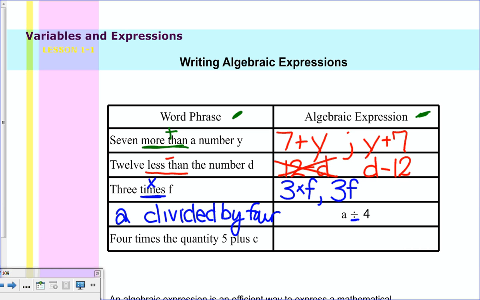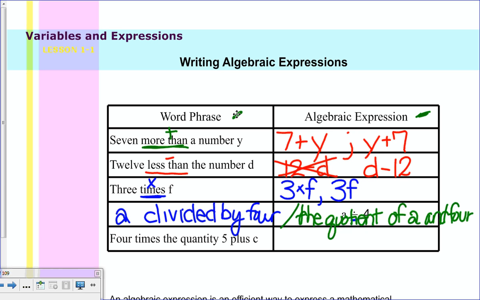That would work. Now, you do want to be careful when you use the word quotient, because you don't want to say A quotient by 4. That doesn't make sense. If you're going to use the word quotient, you actually say the quotient of A and 4, or between A and 4, and so on. All right, so just be careful how you say them sometimes.